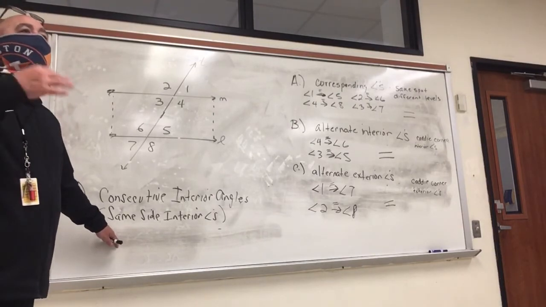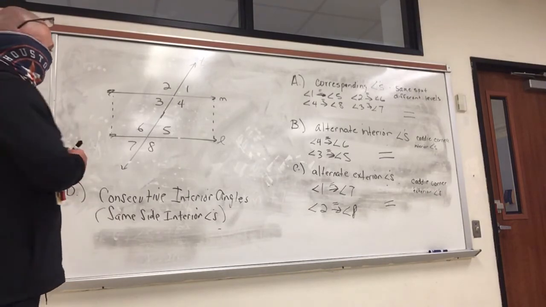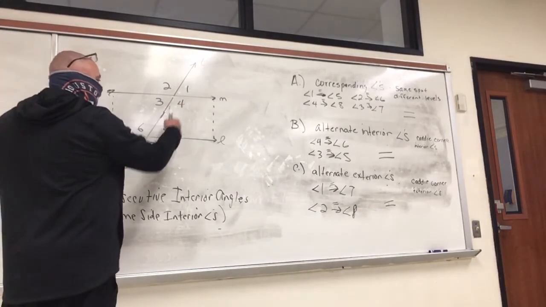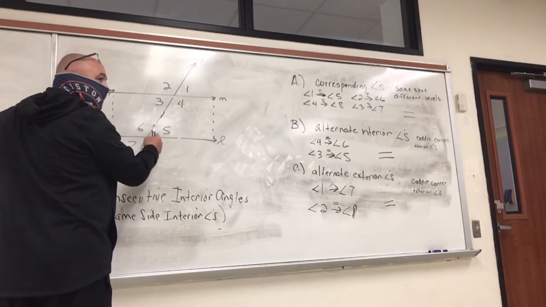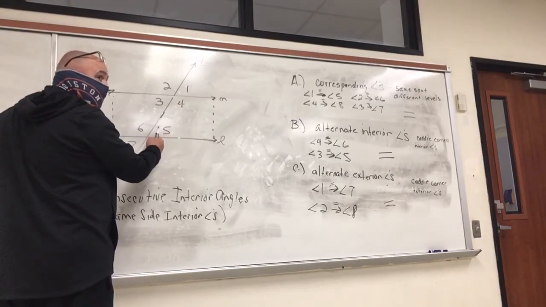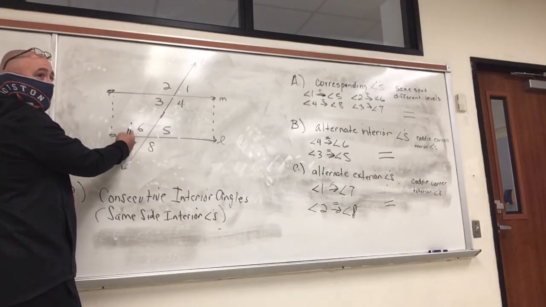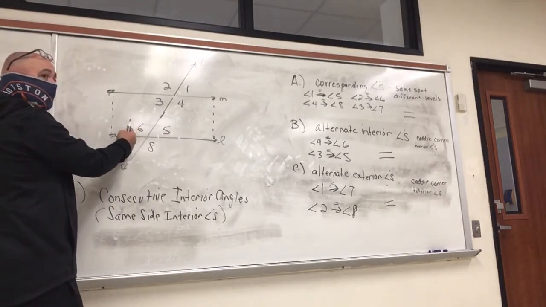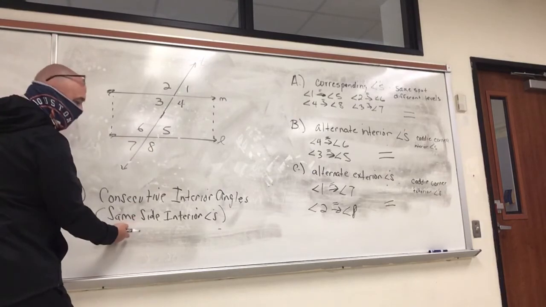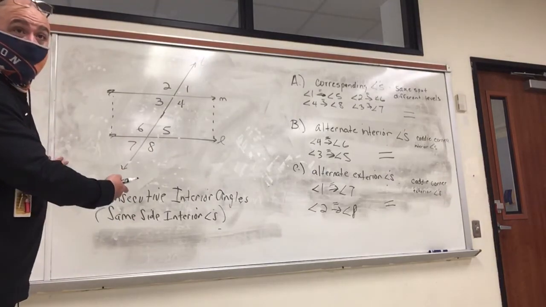They don't share a fence. So 4 and 5 are on the same side, right? Well, these would be called consecutive interior angles. 3 and 6 are on the same side, correct? Those would be called consecutive interior angles. Does everybody understand that? Or same side interior angles.